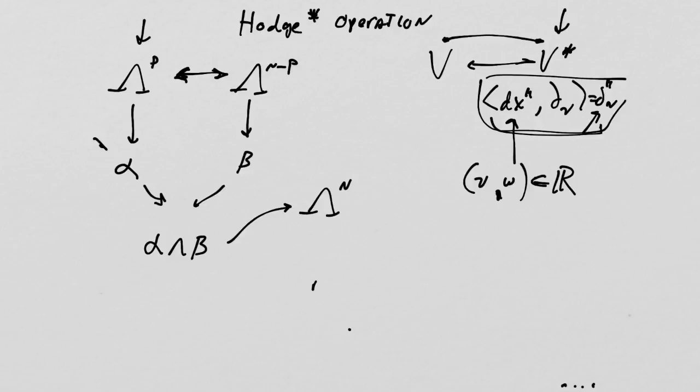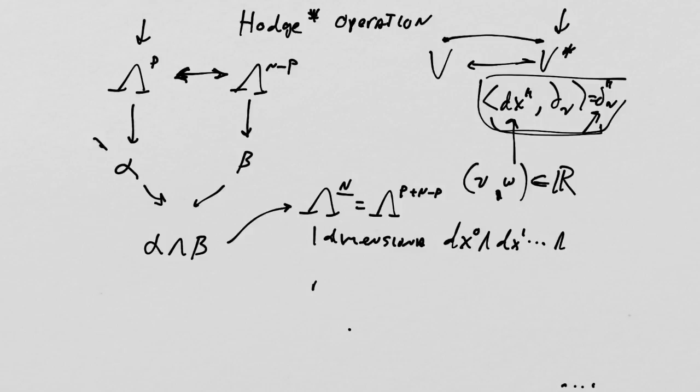Well, if this is the pth exterior power and this is the n minus pth exterior power, this is going to be the p plus n minus pth exterior power, which of course is just the nth exterior power. And that's important because this is one-dimensional. Its basis vector would be dx0 wedge dx1 dot dot dot wedge dxn minus 1.